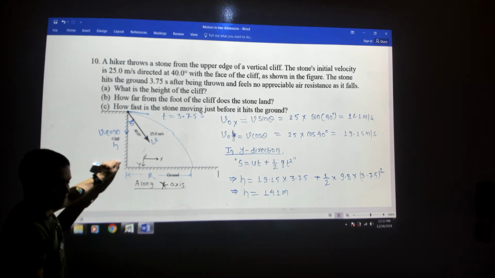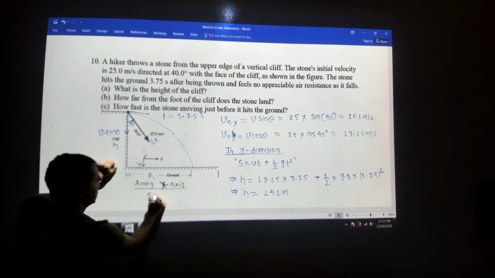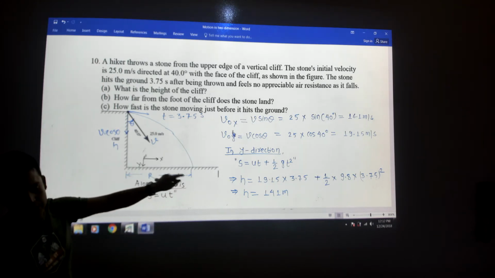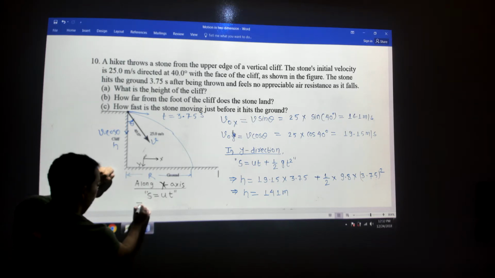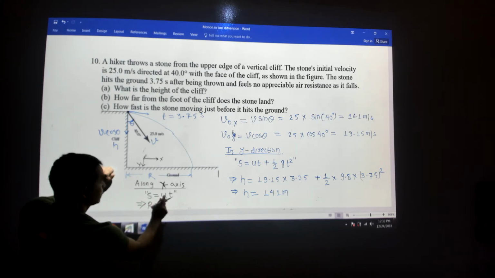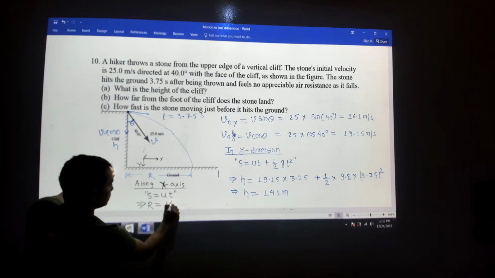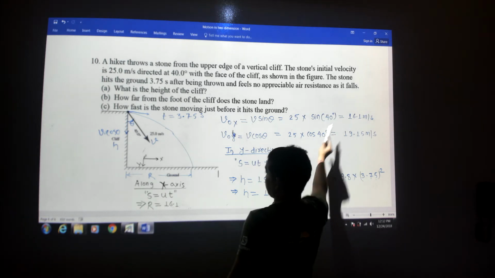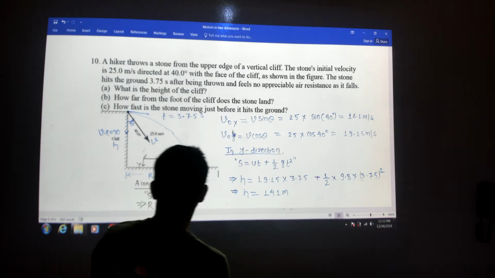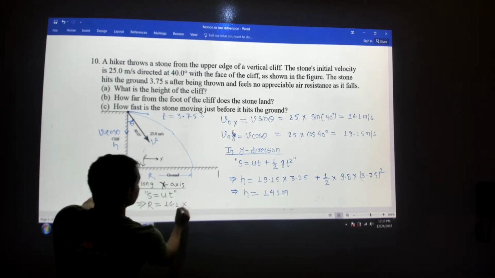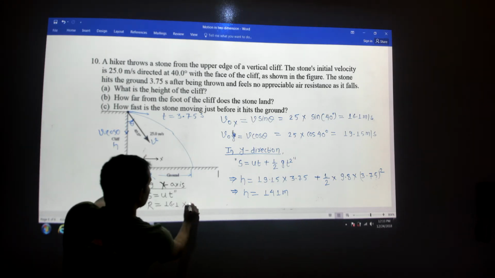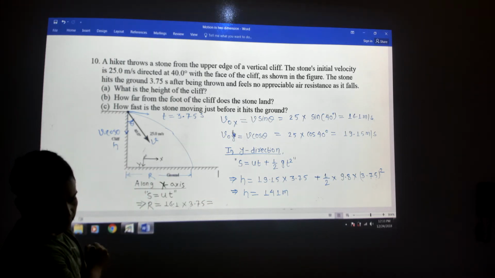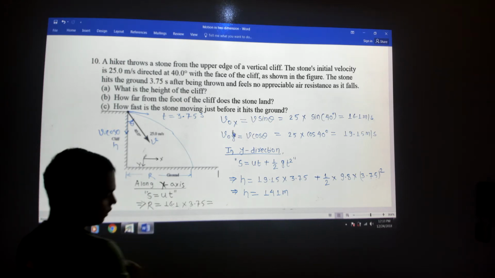Along this direction, s is equal to velocity times time, because there is no acceleration along the x-axis, and this is the range. The horizontal velocity is 16.1, because we're just taking this velocity along this axis, and the time, we already know that this is 3.75. So just plug in here. Once you plug in, you will get 60.4 meters.